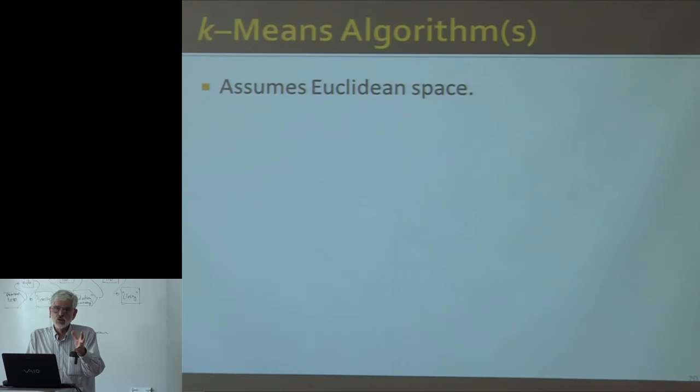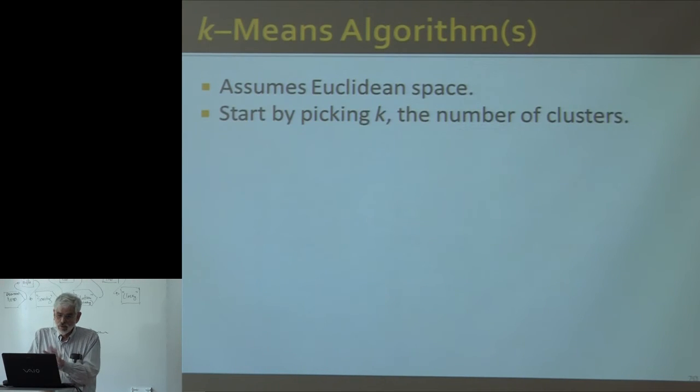You can use a binary search. It's not like I'll try k equals 2, then k equals 3, then 4 and 5 and so on. There must be a measure of goodness then. Yes. Actually, again, in the Euclidean case at least, it does make sense that you can figure out what k should be, and I'm going to go to that.